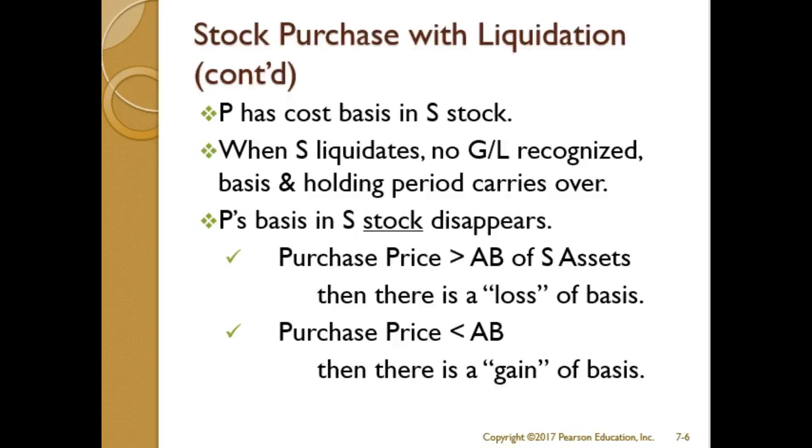The basis in the stock disappears because the corporation's dissolved. The purchase price, if it's greater than adjusted basis of subsidiary assets, then there's a loss of basis. And if the purchase price is less than adjusted basis, then there's a gain of basis.